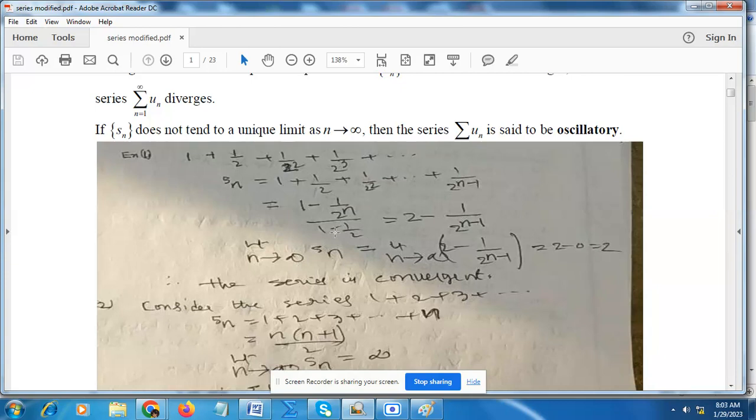So the denominator is half, take the reciprocal, then we get 2 minus 1 by 2 power n minus 1. Limit Sn as n tends to infinity is 2. So we get a finite number. So we say that the given series is convergent.